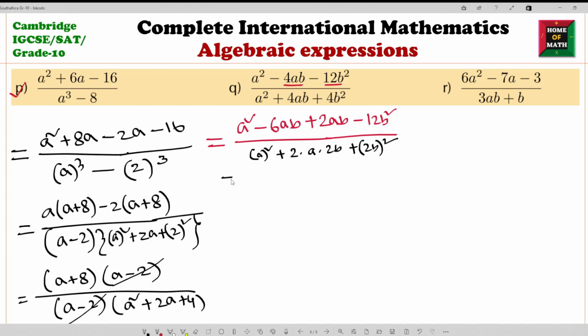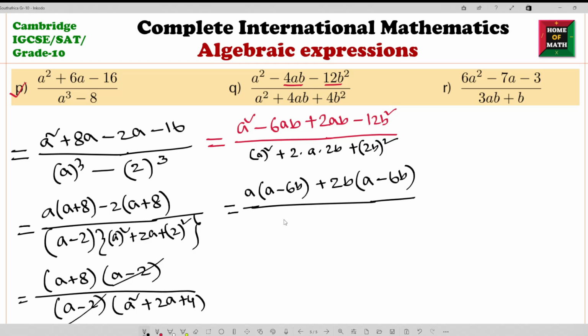Okay, now look, it's looking like a plus 2b whole square, and here we can take common a, so a minus 6b, and here we can take common plus 2b, so here is a minus 6b, right? 12 divided by 2 means 6 and b square divided by b means b, and this one we can write a plus 2b whole square.